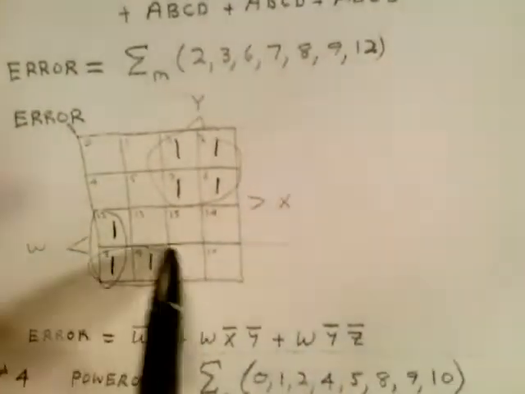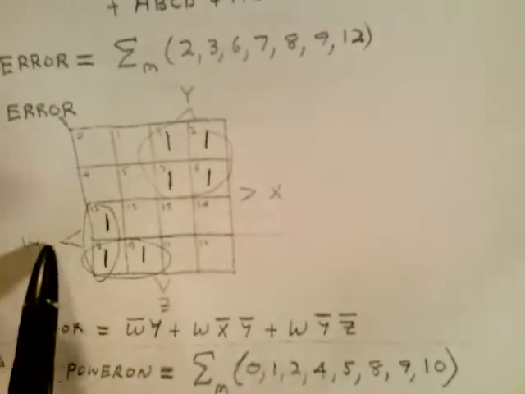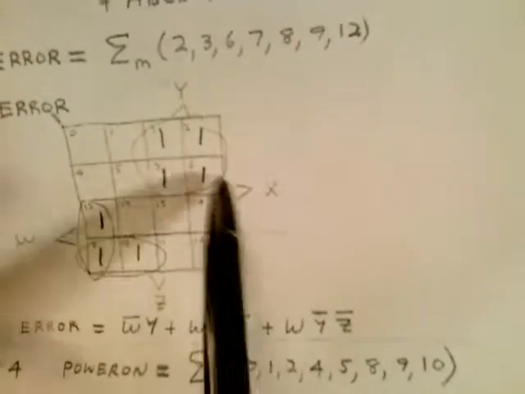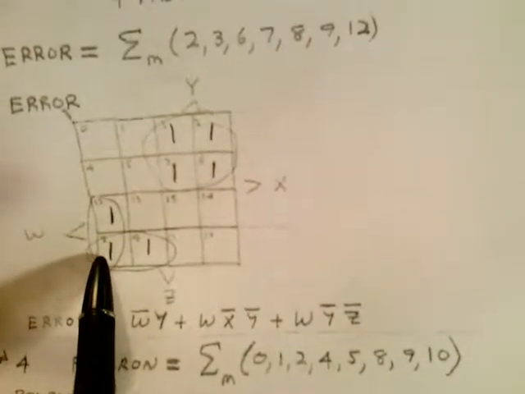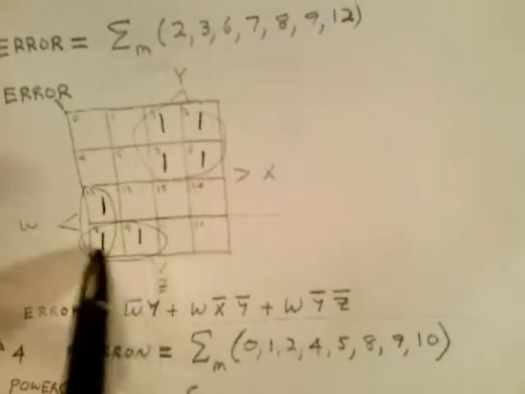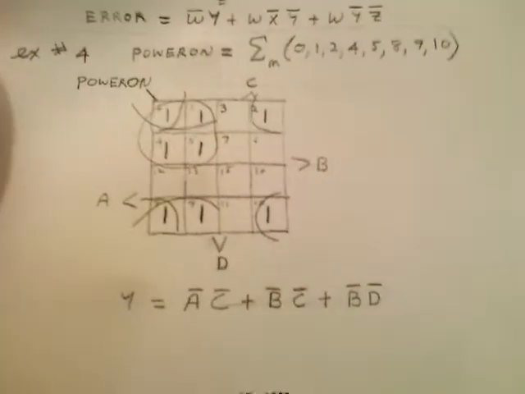And this bottom loop right here gave me my W. X bar, it's out of X. Y bar, it's out of Y, and it's in Z and out of Z, so forget about Z. So there's your expression.